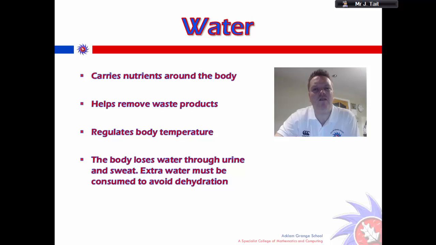It's very, very important that we stay hydrated throughout our performances, and make sure we're on top of our game.